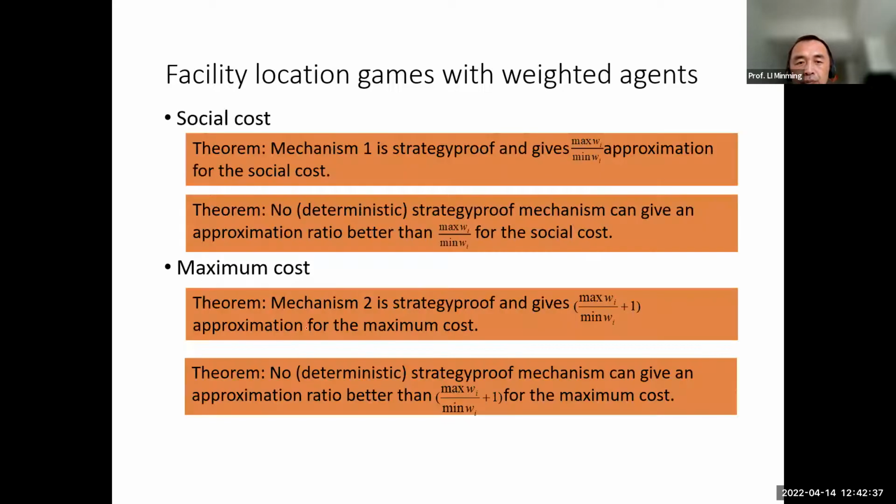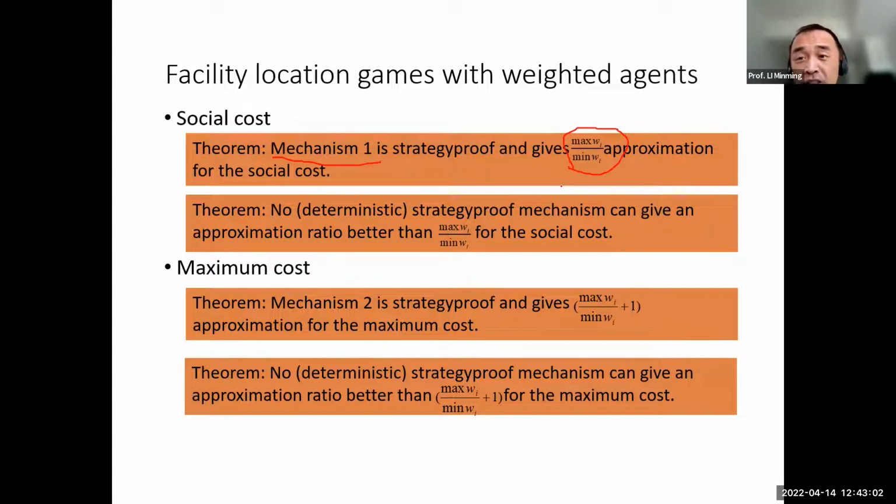Now, the result we obtain is the following, which matches the results for the unweighted case. Basically, we say the median mechanism, which is mechanism 1, can achieve a maximum weight over minimum weight approximation. So this time, approximation ratio is dependent on what? On the weight, right?